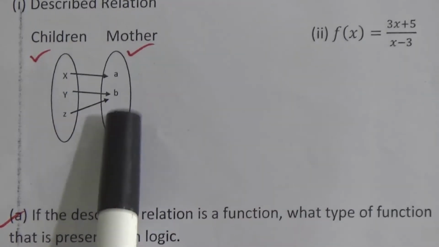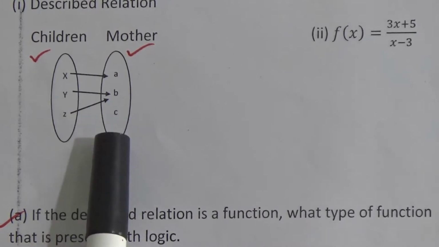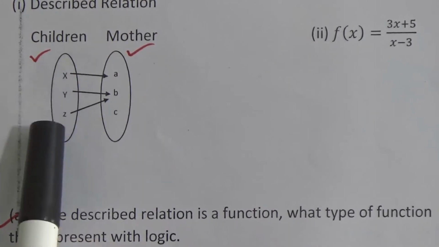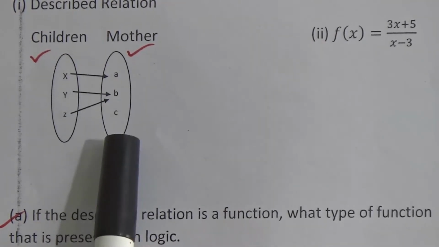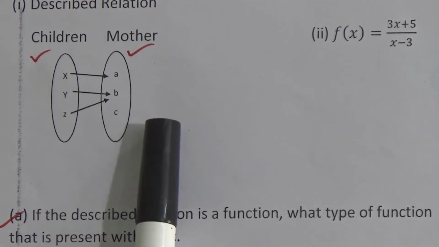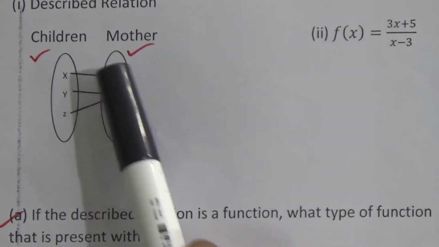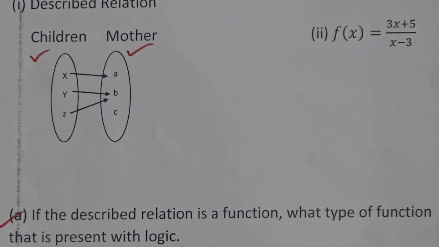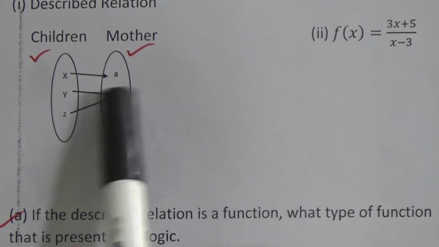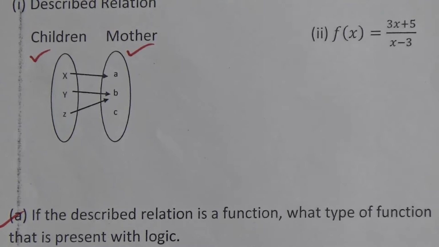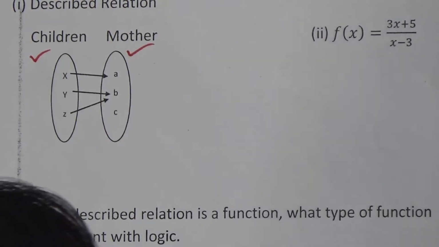Here we are getting 3 elements in the domain and 3 elements in the codomain, and in the range we are getting the elements a and b. It means the range is only {a, b}, and here is an element c which is not the image of any element of the domain. So in this case we are getting the range {a, b} and codomain {a, b, c}.